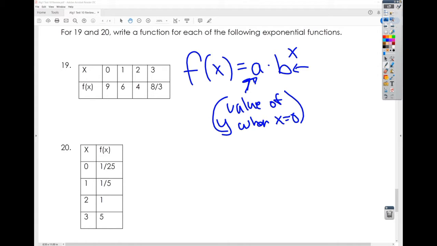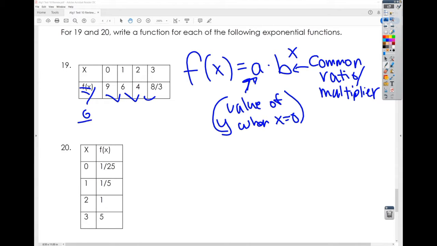So common ratio, again, you can call it a multiplier. It is what you would have to multiply one value in the table by to get the next value in the table. You can find out what that value is, again, by taking a value in this table, in this case a y value, and dividing it by the previous y value.